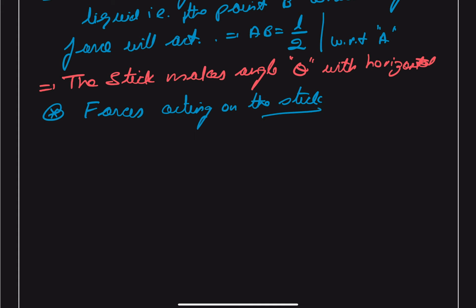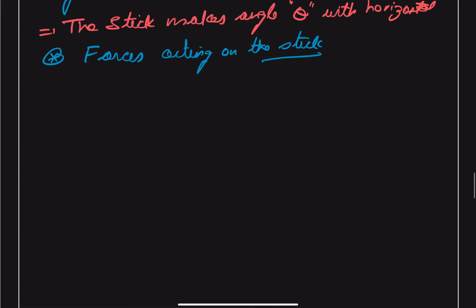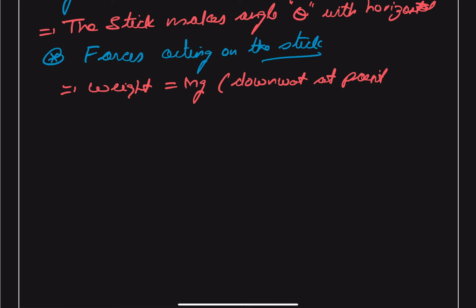So first force will be the weight of the stick, which will equal Mg, and that will be acting downward at point C, because C is the center of mass of the stick.